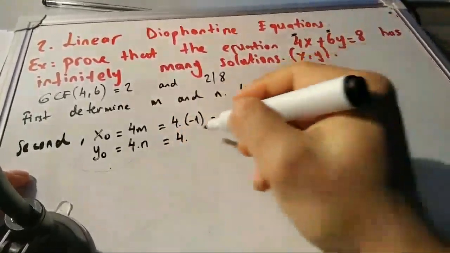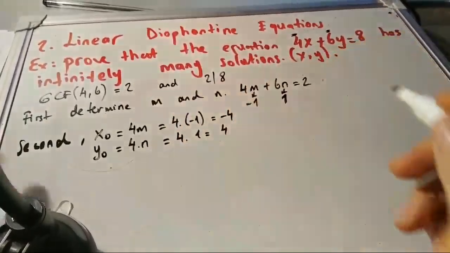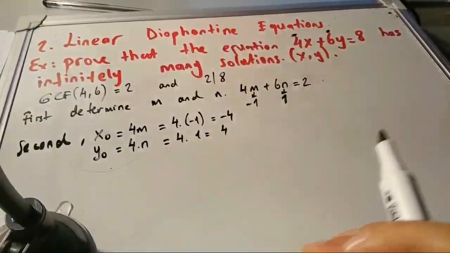For y0, we use 4 and n, so 4 times 1 means 4. And we got x0 and y0.